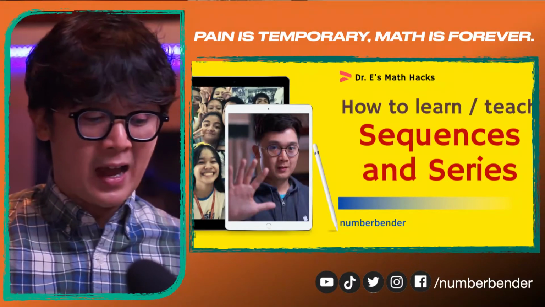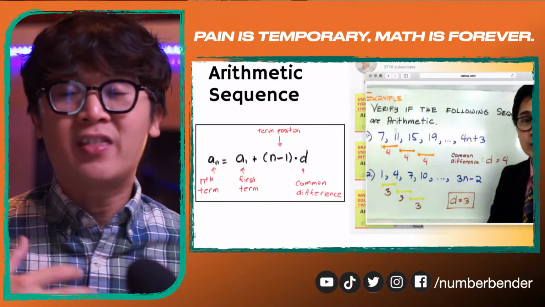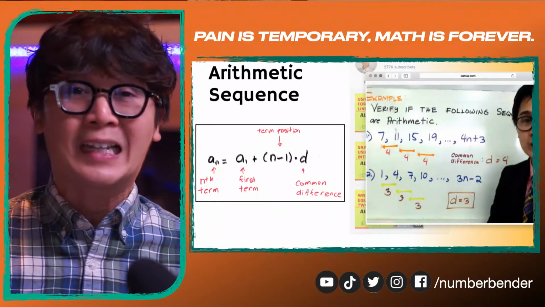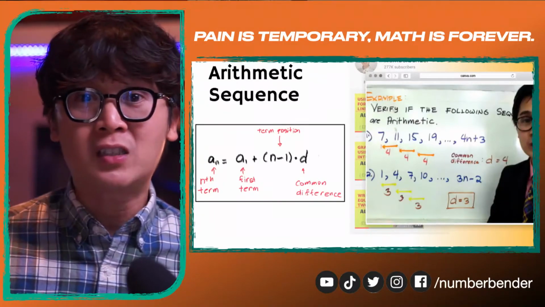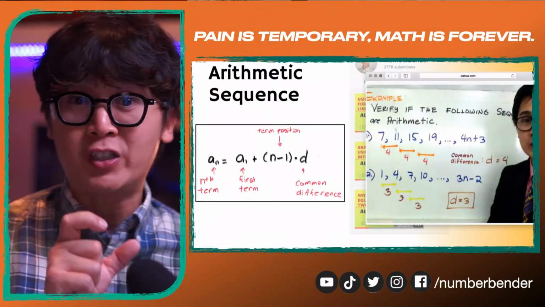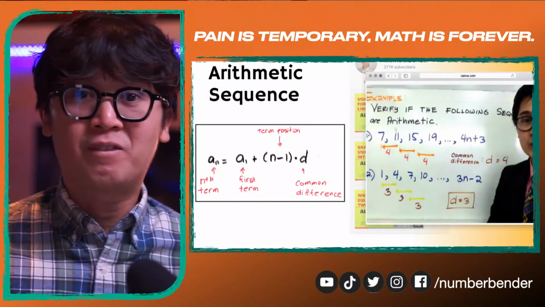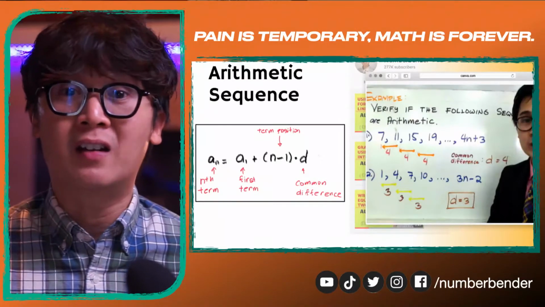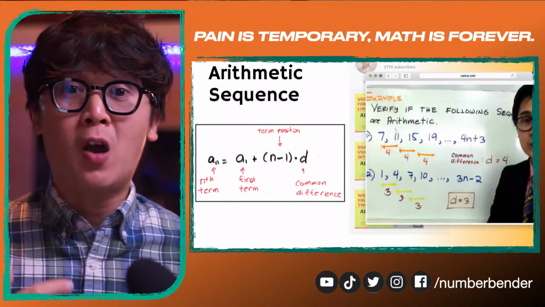The first thing that I always teach my students is the formula for the arithmetic sequence. It can be a little bit intimidating at the beginning, but once students understand that they only need the first term and the common difference to build the general formula of their arithmetic sequence, it will be a lot easier to comprehend.